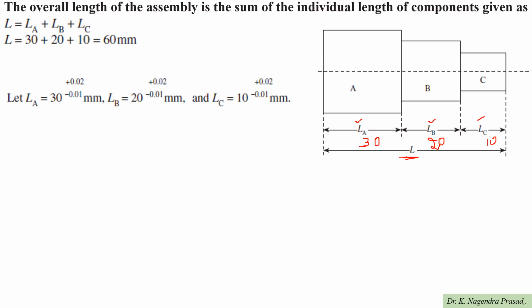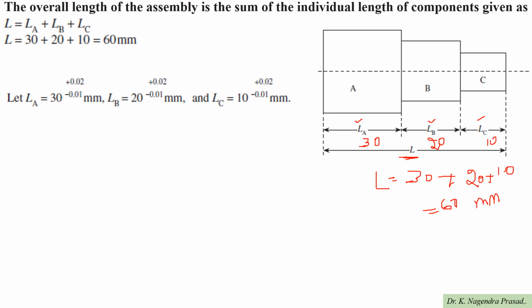Then the basic size of the overall length, L, equals 30 plus 20 plus 10, which is equal to 60 mm. So the basic size of the overall length is 60 mm. Moreover, the data gives the tolerance zone for each individual length.